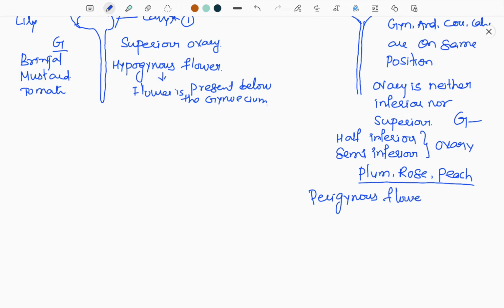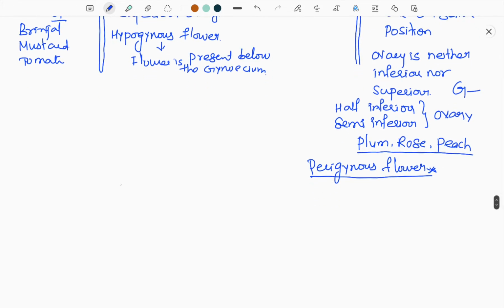So it is a perigynous flower. Right. Let us see the third one, that is epigynous flower. Epigynous flower is said to be very much advanced than the rest of the floral parts. Let's see how that is.